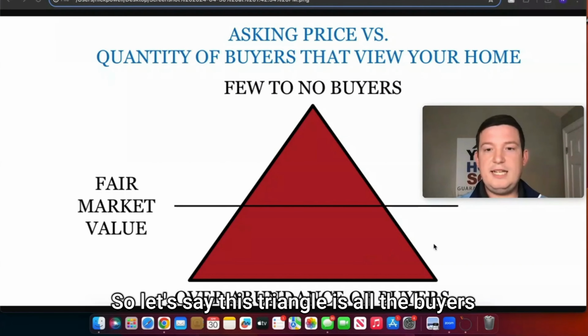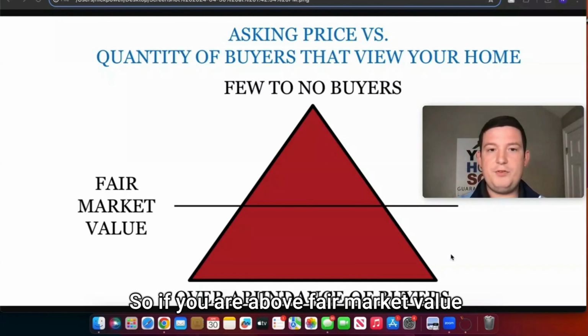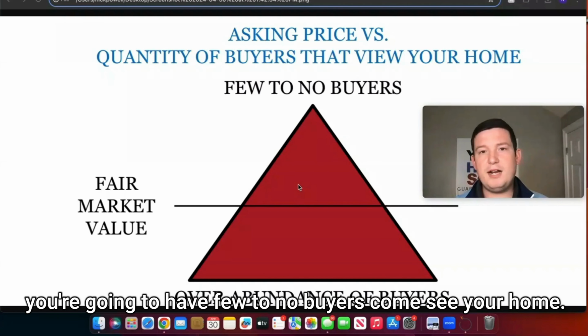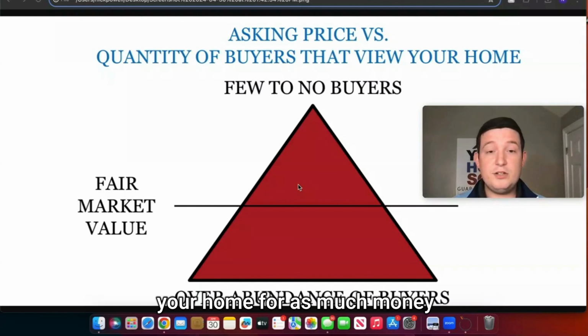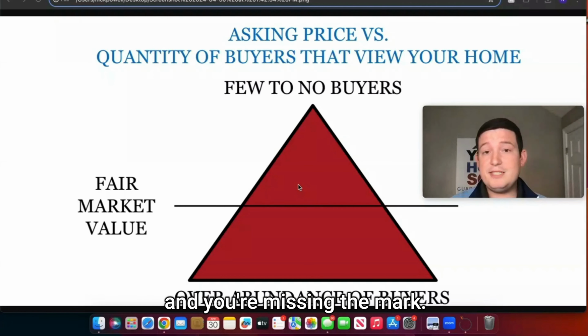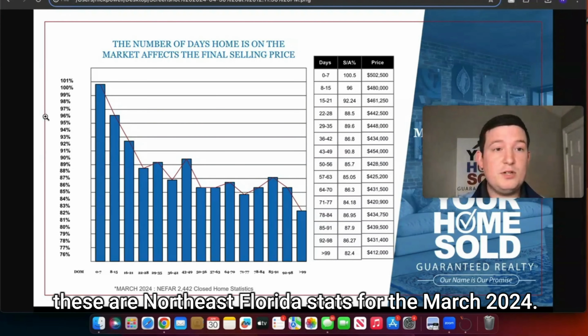So let's say this triangle is all the buyers that are on the market for a home right now. If you are above fair market value, you're going to have few to no buyers come see your home. And when you do that, you're not going to be able to sell your home for as much money, and you're missing the mark. And we see that when we miss the mark. These are Northeast Florida stats for March 2024.